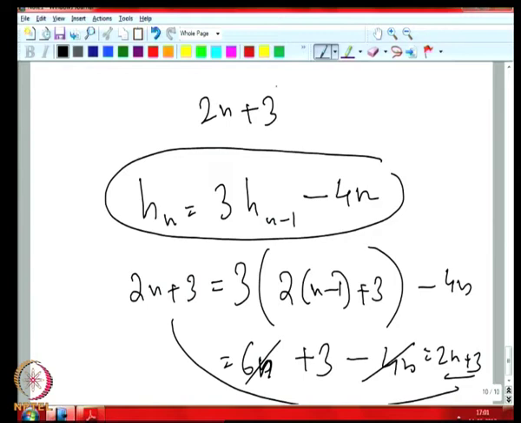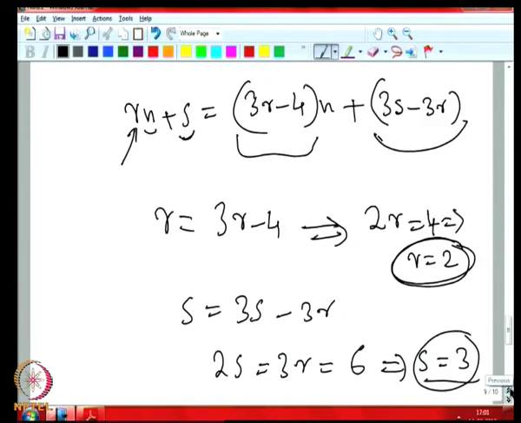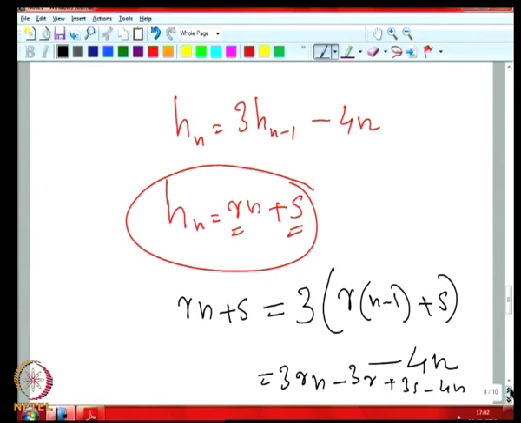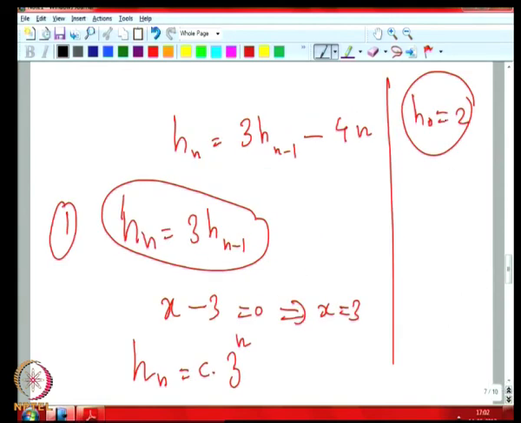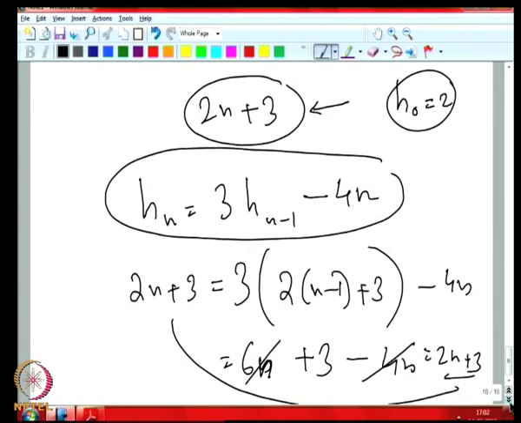If 2n plus 3 is the solution, this will not meet our initial condition. For instance, we wanted h0 equal to 2. That's what we mentioned before. But in this case, if we put n equal to 0, what will happen is 2 into 0 plus 3, h0 will be 3 here, but we want h0 equal to 2.